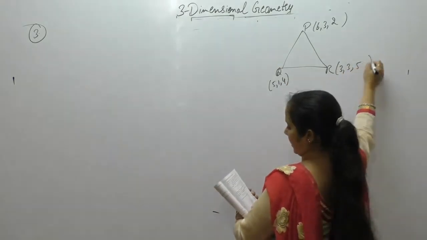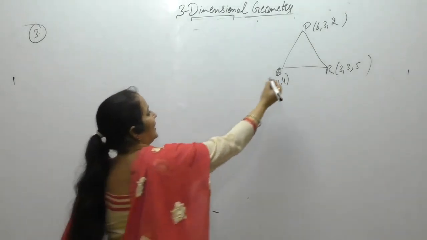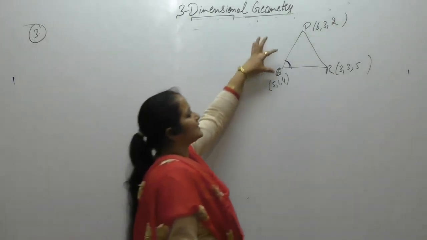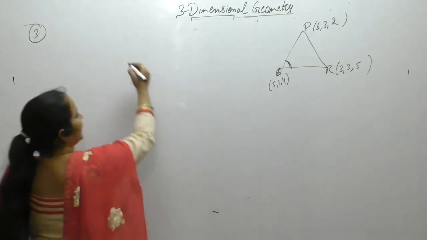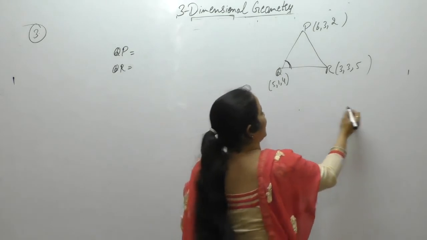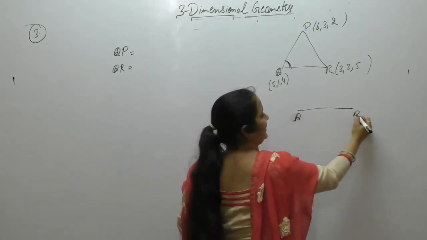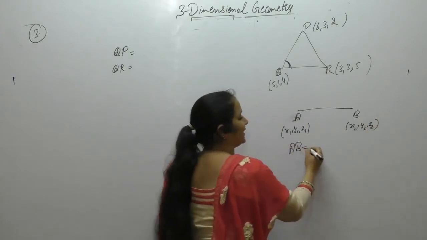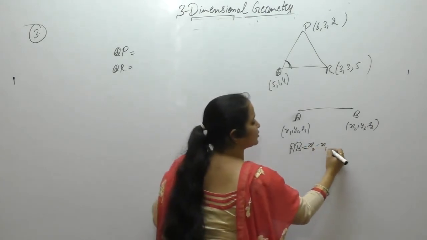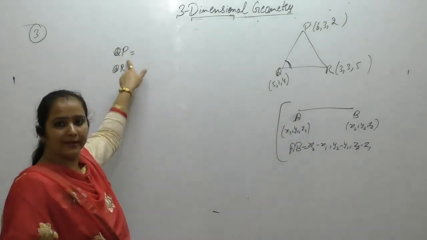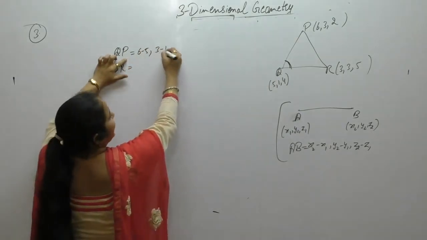Now the direction ratio of QP: 6 minus 5, 3 minus 1, 2 minus 4.